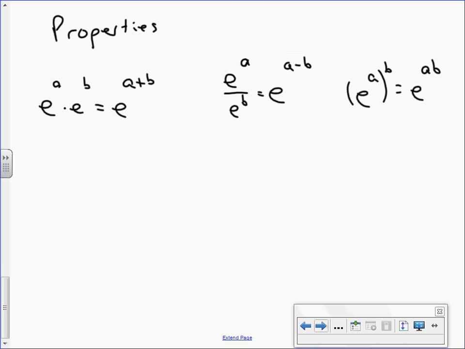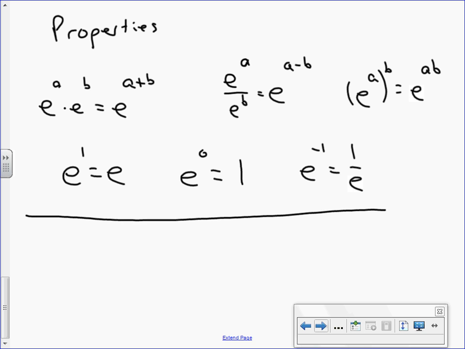The same rules as if that base were x. And just another reminder: e to the 1 is just plain old e, e to the 0 is 1, and e to the negative 1 is 1 over e. Just things that are going to make your life easier if you keep all of this in mind.